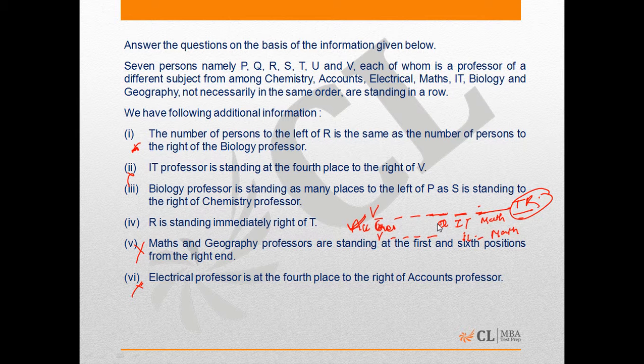And if we look at statement first, which states the number of persons to the left of R is the same as the number of persons to the right of biology professor. So there are two possible positions where biology professor can sit. When he's at the third position from the left, then T will be at fourth position from the right, and R will be immediate left to him.